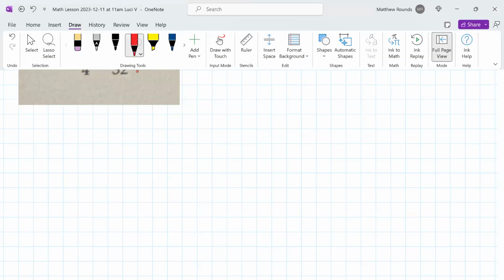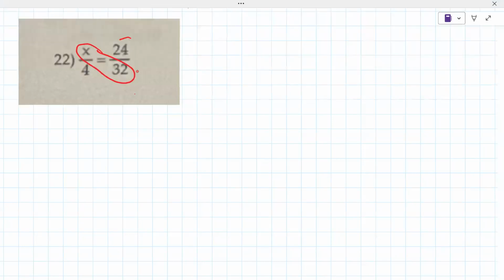All right, so the best way to solve this, to keep it super simple, is to diagonally multiply. There are other ways, but this is probably the best way. So you're going to take that 32 and multiply it by x, and 4 times the 24.